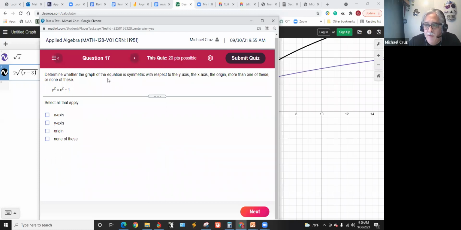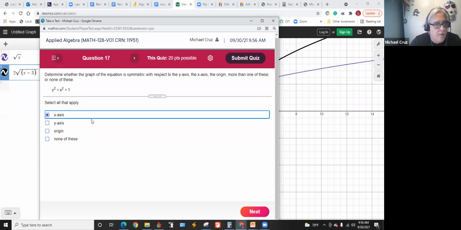All right, determine whether the function is symmetric with respect to the y-axis. Now, this is not a function, okay? So this is one of those that's going to be laying sideways. It's a parabola that's laying sideways. And so it's symmetric about the x-axis. All right.